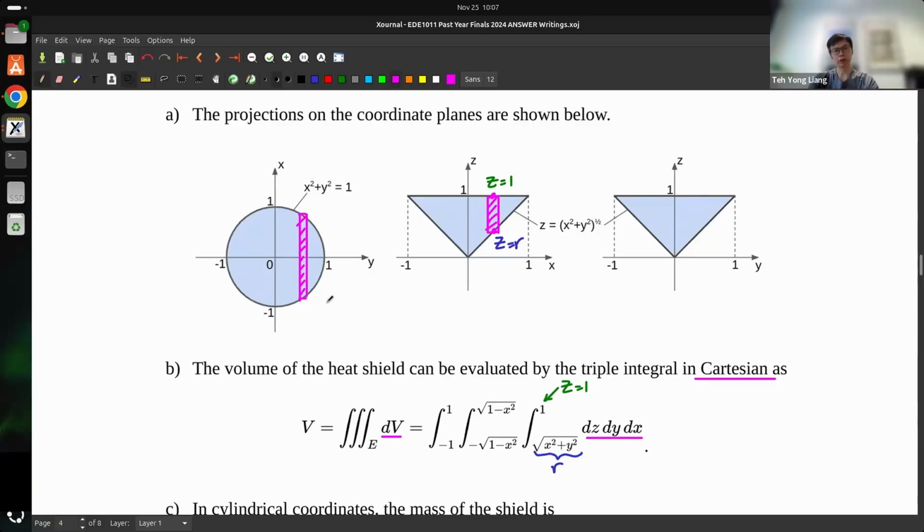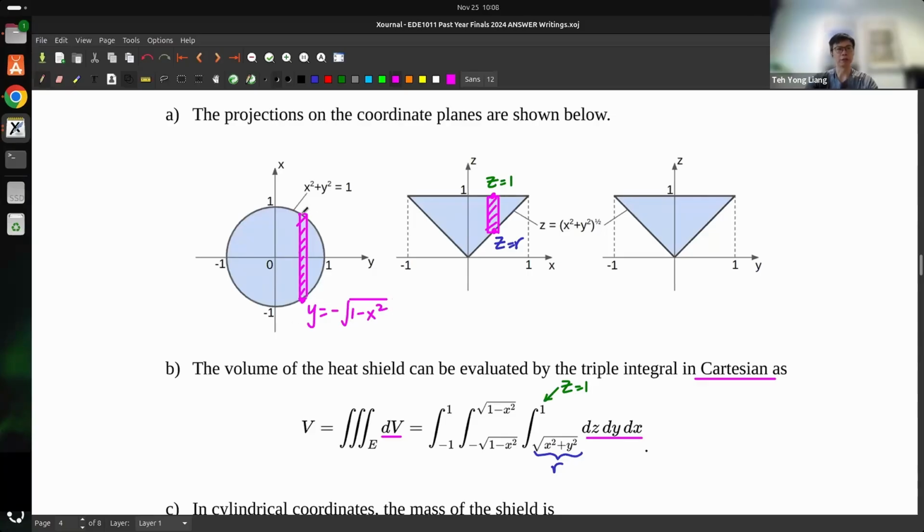So if you do dy now, then you look at what's the lower bound for y. The lower bound for y must be this. This will be y equals minus the root of, because it's a unit disk, so it must be the root of 1 minus x squared. So this is the lower bound.